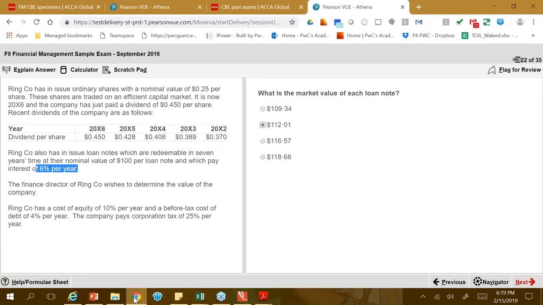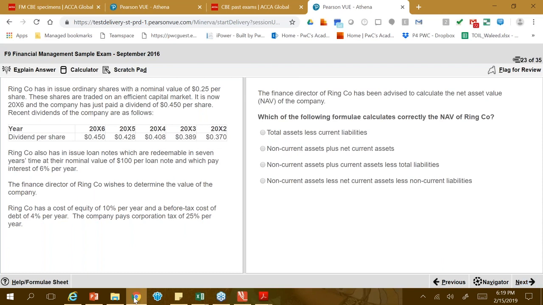Next question now. Quickly, let's just finish this off. The finance director of Ring has been advised to calculate the net asset value of the company. Which of the following formula correctly calculates the net asset value of Ring?